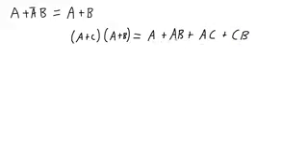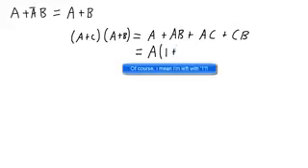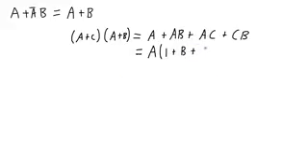Now in each one of these parts of the expression I have a common A factor, so I can factor that A out. Factor A out of the first term here, I'm left with A. Factor A out of the second term, I'm left with B. Factor A out of the third term, I'm left with C, or CB.